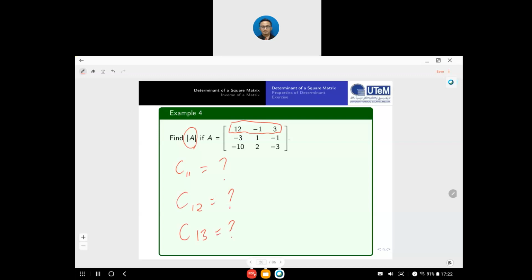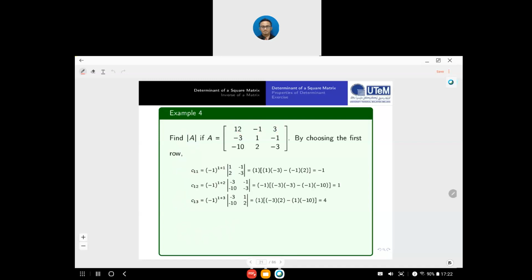So you need to find the cofactors first. After you get the cofactors, you multiply by the first row here. So first we find cofactor C11. Cofactor C11 you can get by negative 1 the power of 1 plus 1.